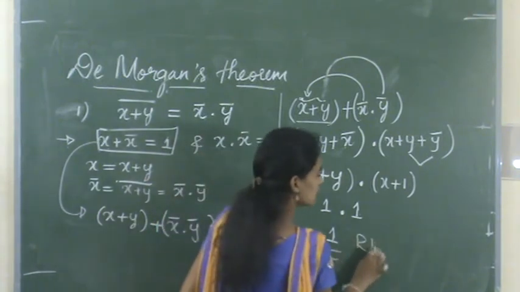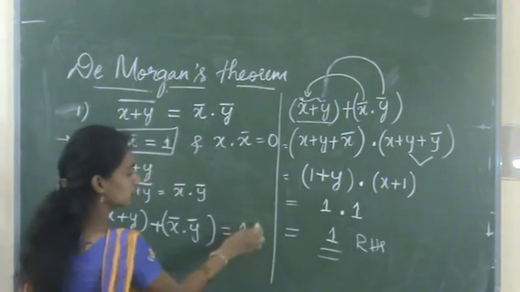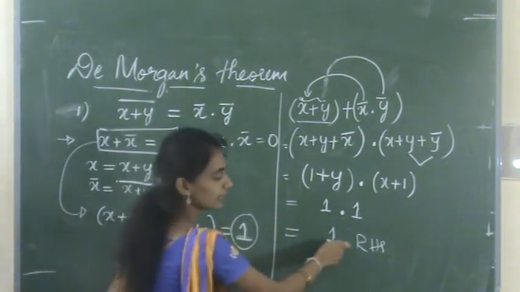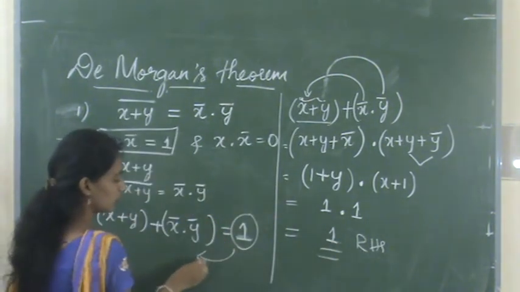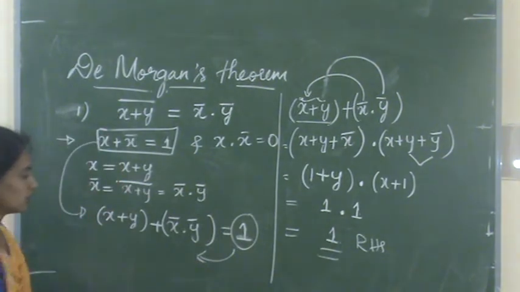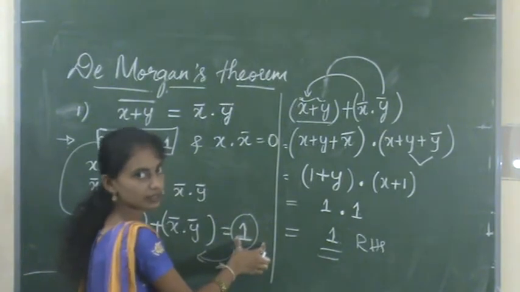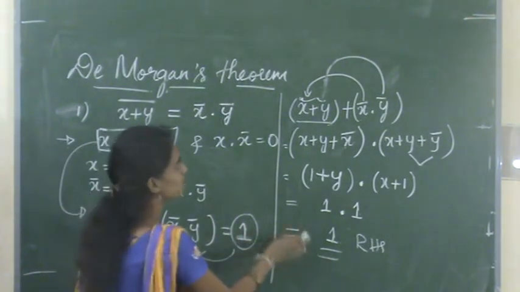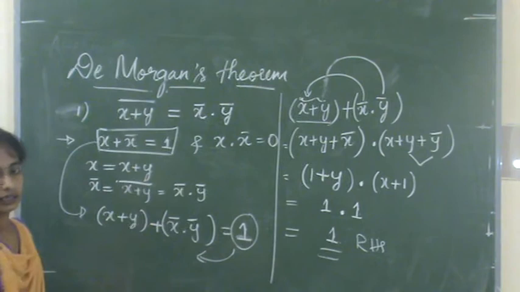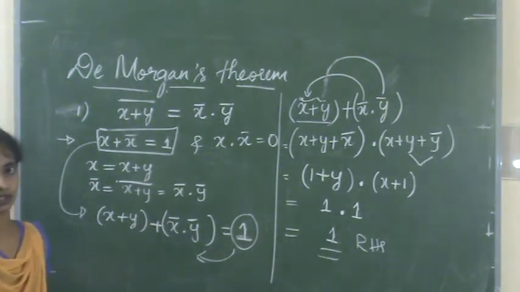So this is the RHS part, right? We prove that LHS is equal to RHS, right? So we are taking the LHS and we proved RHS. We get the result RHS, right? So hence we can prove this LHS is equal to RHS.